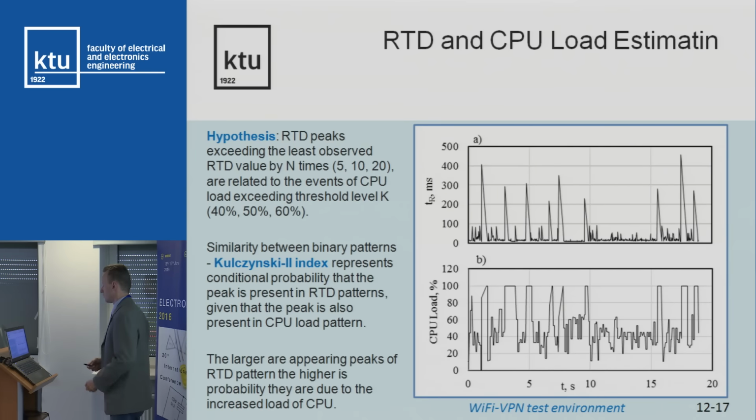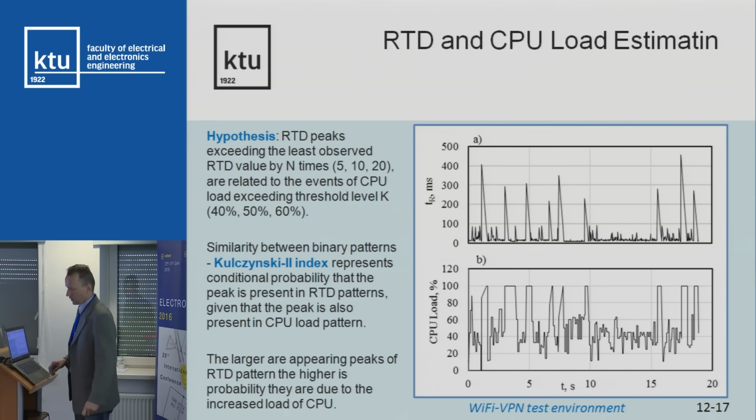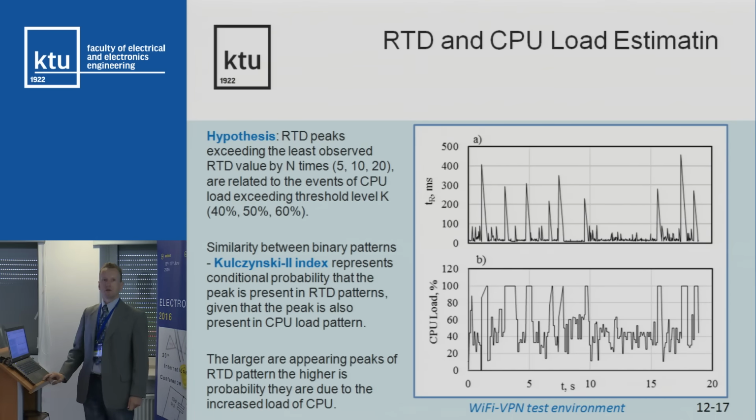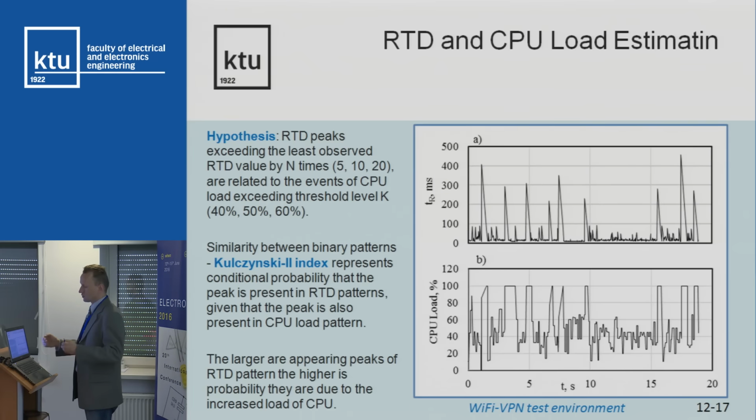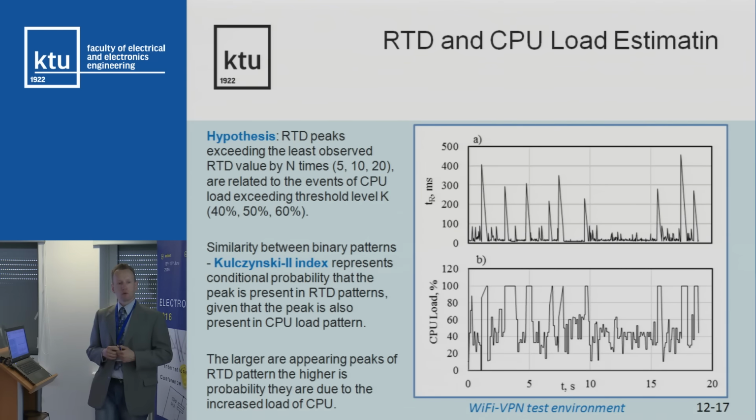But calculation of simple correlation did not show any significant relationship between these patterns, round-trip delay and CPU load. Perhaps because the CPU load estimation was also lagging a little on the specific Linux implementation. So finally, to conclude, we were not able to declare that they correlate directly.